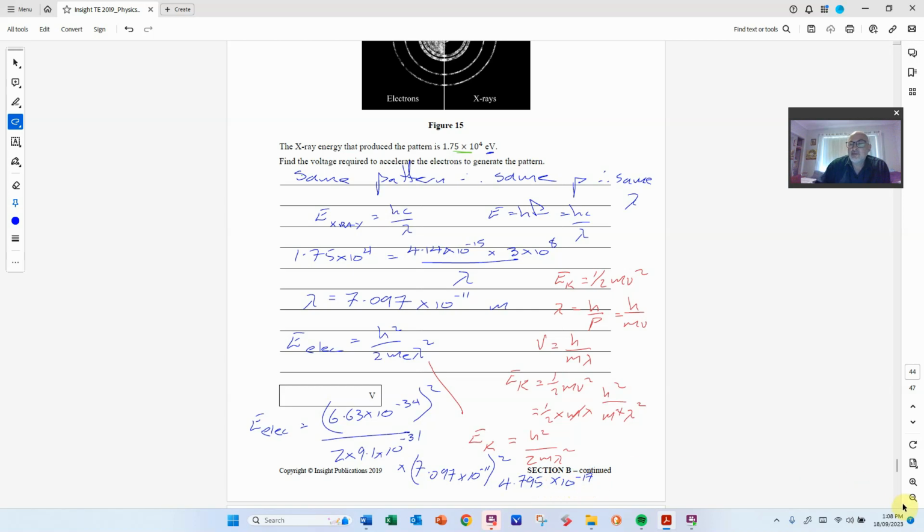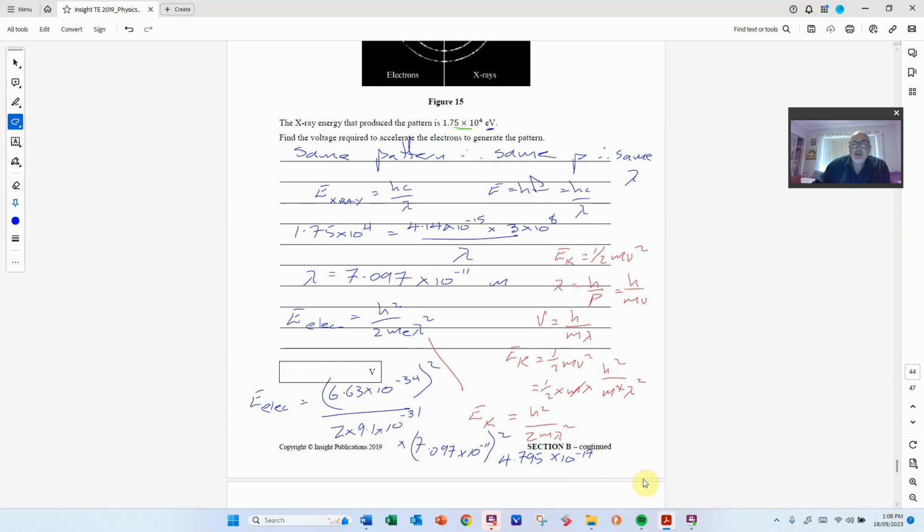Now, I've taken up far too much room on this. That's in joules. So if I want to know the voltage, I've got to divide that by the charge on an electron. So divide by 1.6 by 10 to the negative 19, and that will give me the voltage, which will be, when rounded to significant figures, 300 volts.